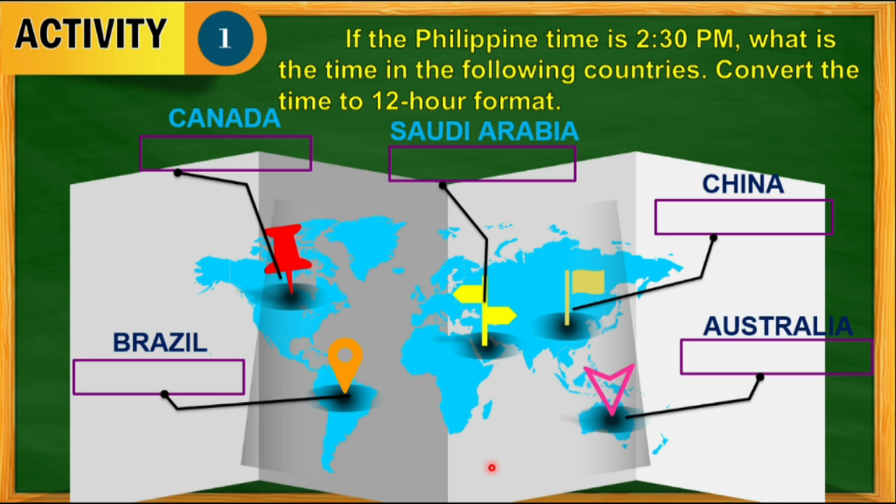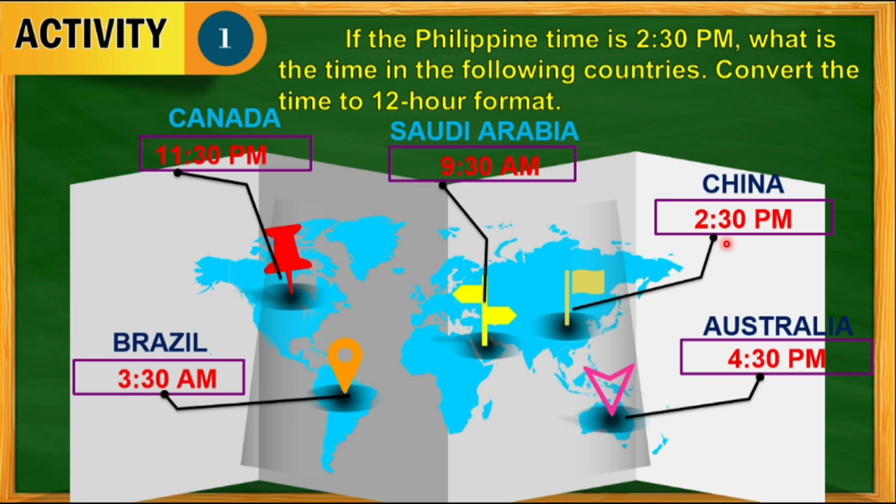Okay, so let's reveal the answer. For Brazil, we have 3:30 a.m. For Canada, we have 11:30 p.m. And for Saudi Arabia, we have 9:30 a.m. And for China, we have 2:30 p.m. because there is no time difference between the Philippines and China.